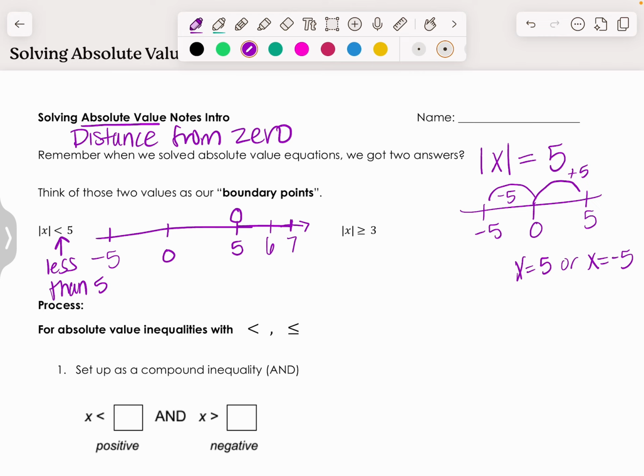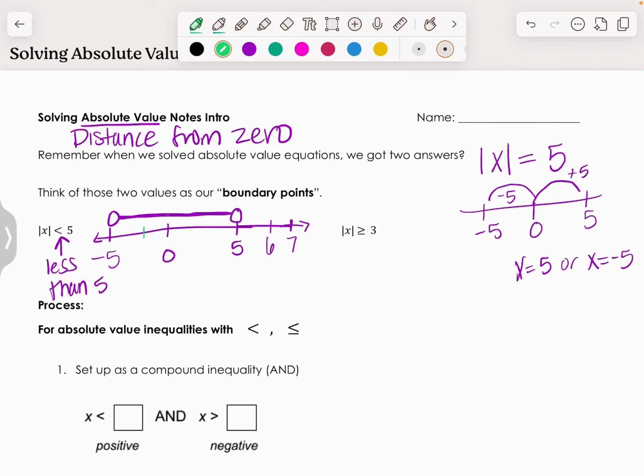Thinking about it the other way, we can't go any further than negative 5, because negative 6 and negative 7 would be a greater distance than 5 away from 0. So really we want to be between negative 5 and 5. Any of those numbers between negative 5 and 5 would have an absolute value less than 5.